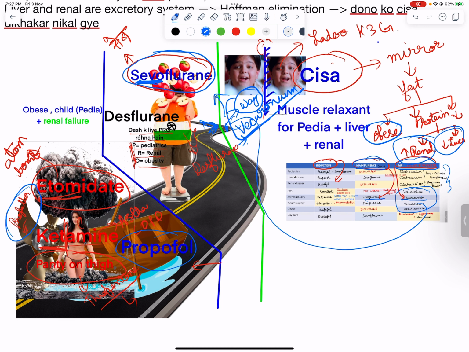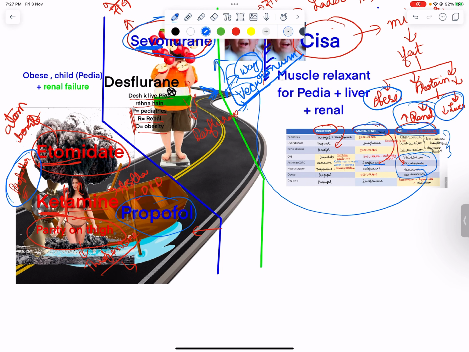Now we move on to learn the exceptions. First, in the induction phase, what are the exceptions? See here what we are seeing: an atomic bomb is being exploded here, and Katrina Kaif, who is wearing panty on her thighs, is in the midst of this nuclear bomb.